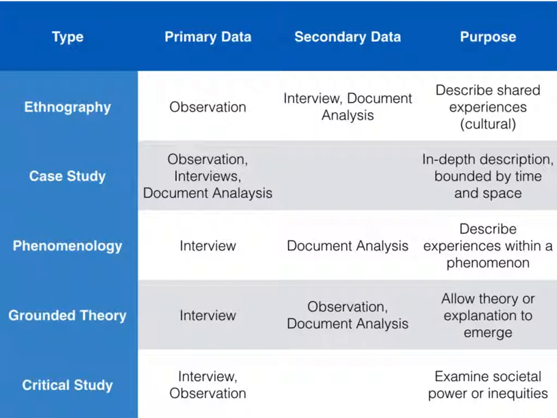A critical study, the purpose of that, let's start with that. It's the researcher, there is an agenda. They're examining societal power or inequities or something that could be changed in society. And so the primary data for that one are interviews and observations.